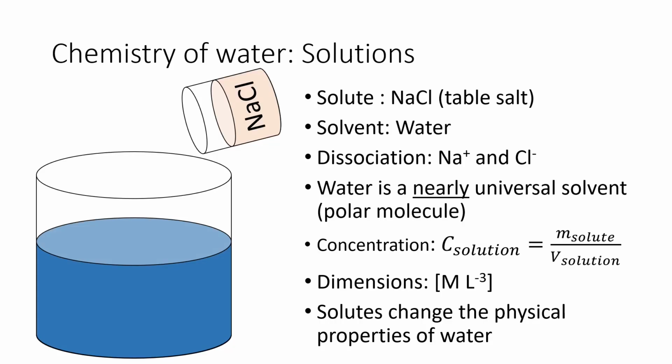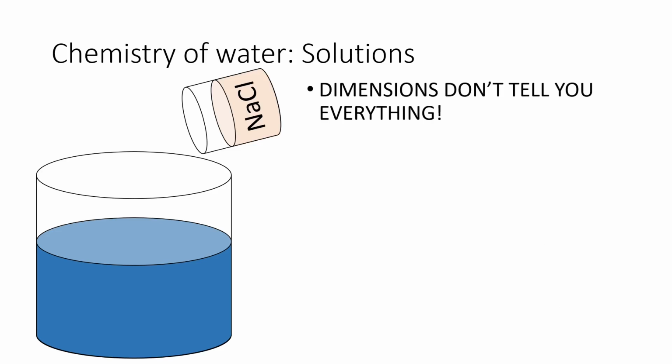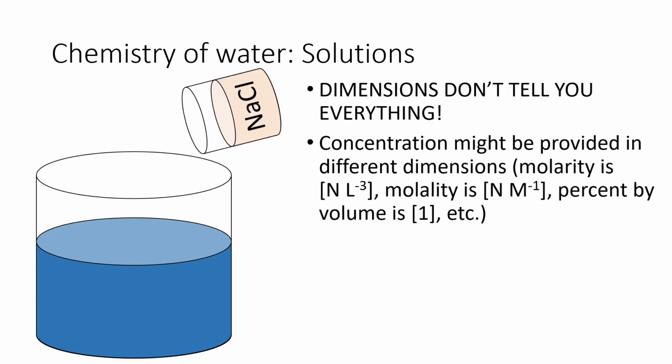While we're discussing concentration, it gives us a good opportunity to recognize that dimensions are abstract and they don't necessarily tell you everything about a variable. For example, concentration might be provided in several different dimensions. A really common dimension for concentration is molarity, or moles per volume of solution.